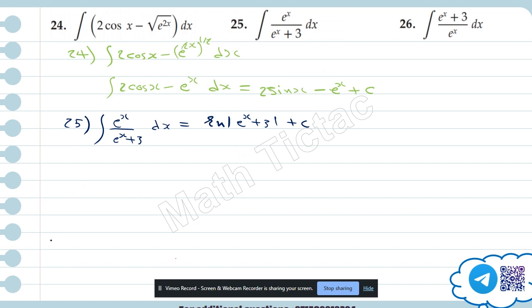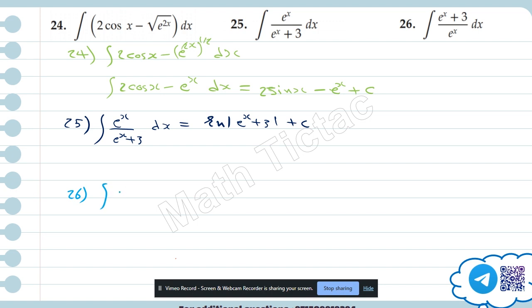So in here, let's talk about the next question, question 26. Now, I have a numerator and a denominator, but the derivative of the denominator is equal to e to the power x without a plus 3. So what to do? We can think about the distributive property.